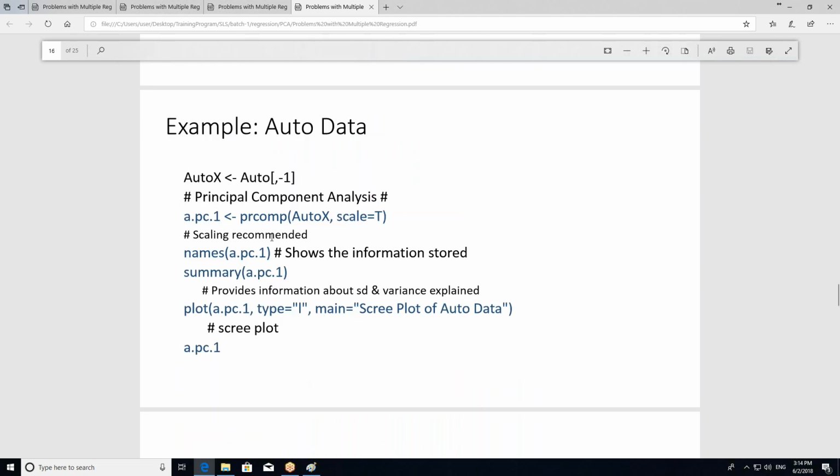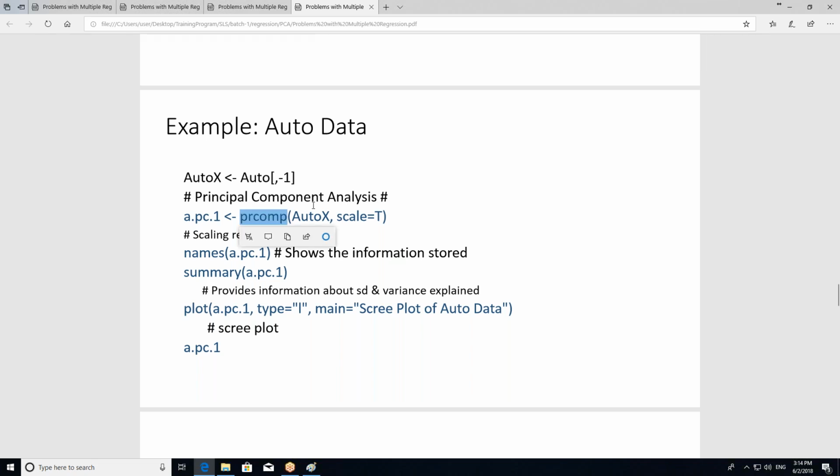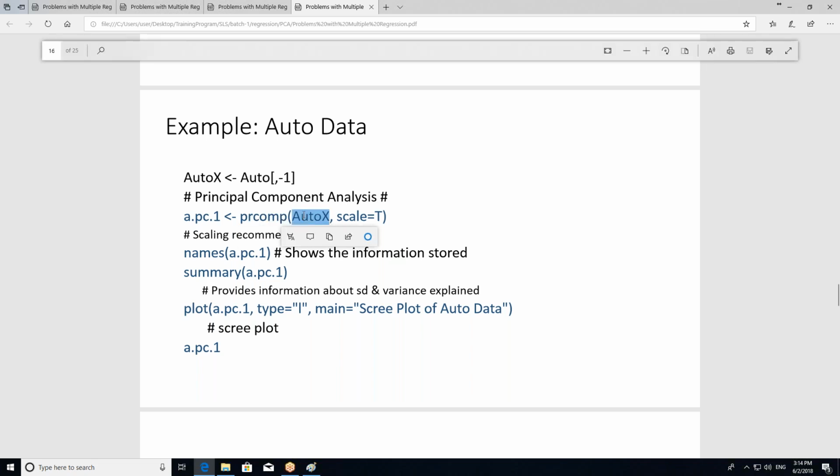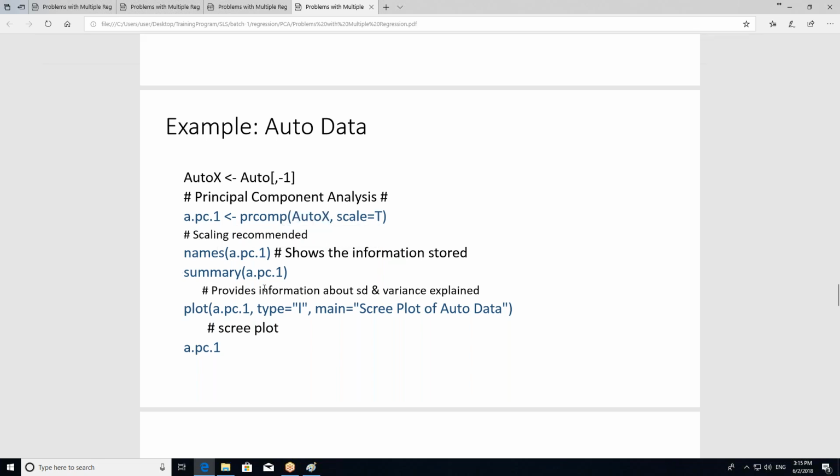How can I get the principal components? I want to get the individual principal components. I can get them by just calling prcomp. You take the auto data, and then you can get all of PC1, PC2, PC3.